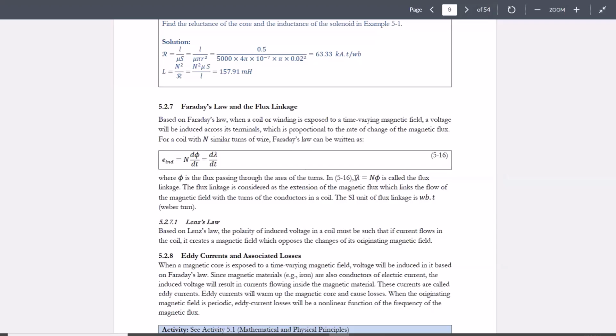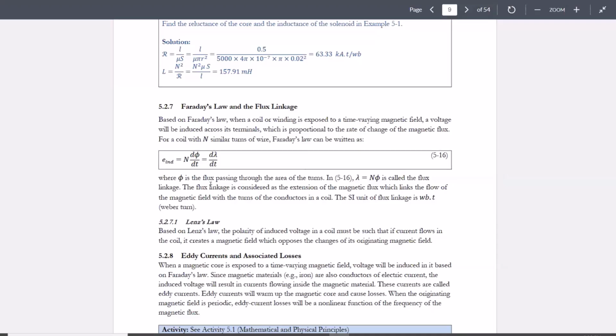Lambda, which is N times phi, is called the flux linkage, which is considered the extension of the magnetic flux, linking the flow of magnetic flux with the turns of the conductors. The SI unit of the flux linkage would be Weber turn. The unit of flux itself was Weber.